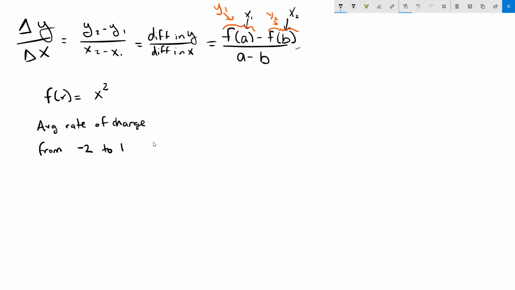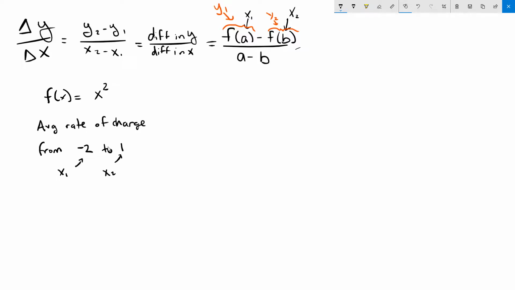In other words, they want us to find the rate of change from when x is equal to -2, so we'll call it x1, to x2, which is 1. So we have two x values that they give us.